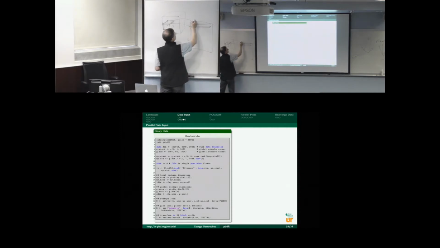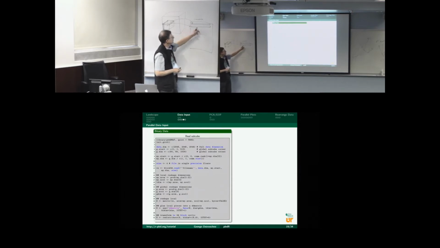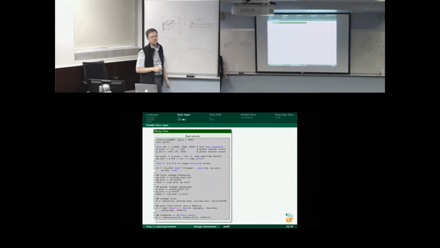Okay, so I actually do the transpose. The reason I do that is that my matrix is going to be much longer this way than that way, and it's a lot cheaper to deal with it that way, and I can still do the same things.